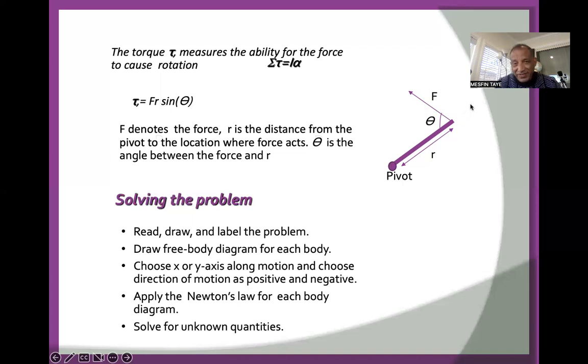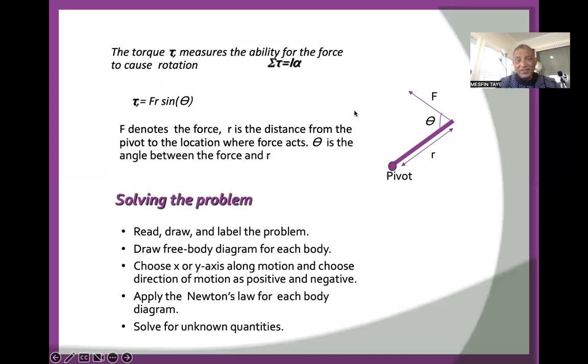Or if somebody pushes directly in this direction, you cannot rotate it because theta is 0, so sine of theta is 0. You can rotate it if you have some angle like this. And R is very important. If you are far, the torque is going to be big. But if you apply the force at the pivot, you cannot rotate because R is 0. That's the meaning. So F times R times sine theta.